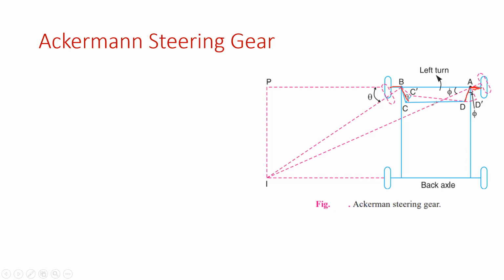Now if you want to take a turn, again you have to give the motion to link CD. Okay, but in this case link CD is not constrained to move in horizontal direction only. It can also change its angle.